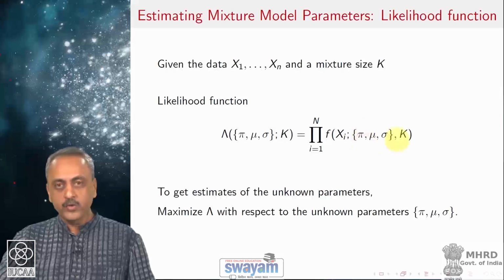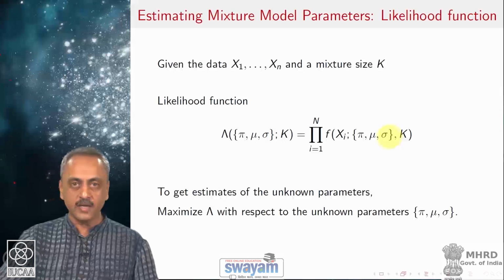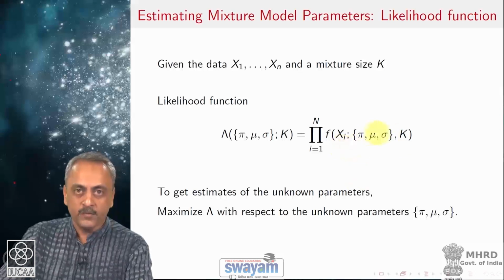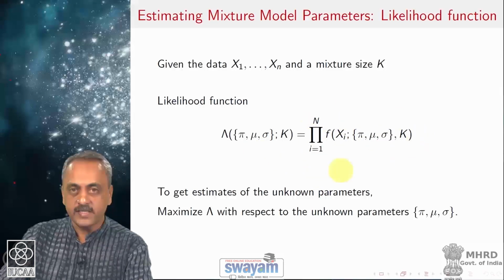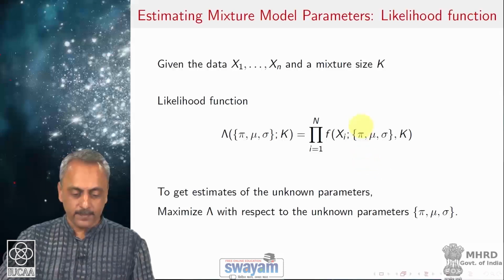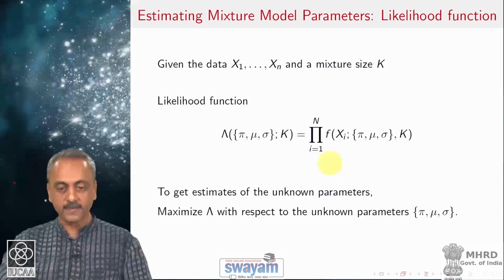Hence, you choose the parameters of your statistical data model, in this case the vector of weights, means and standard deviations, in such a way that this joint probability density function for the observed data is at its maximum. So, this method is known as the maximum likelihood method.